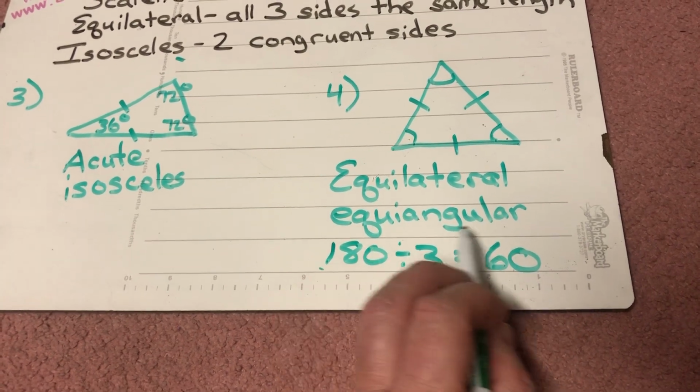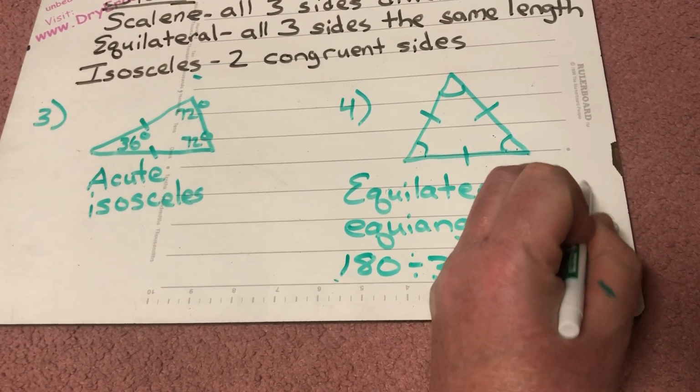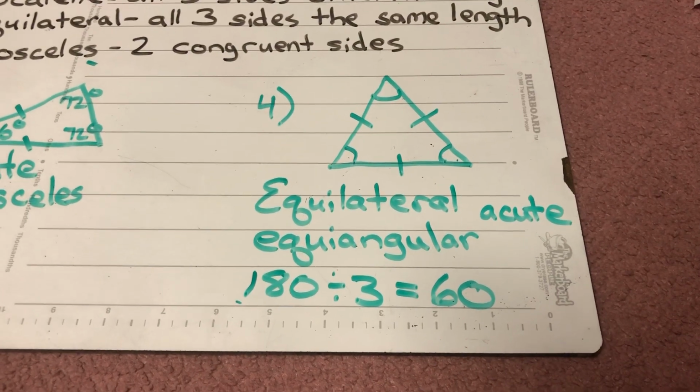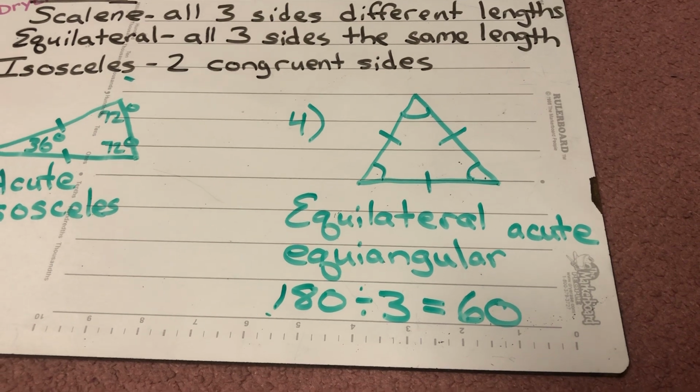So if we ever have an equiangular triangle, it's also an acute triangle. That is classifying triangles by their sides and angles.